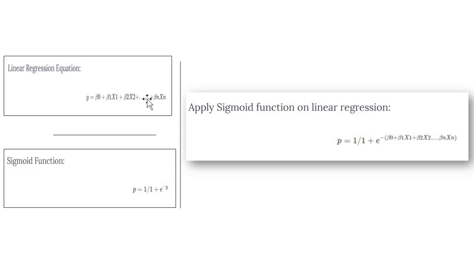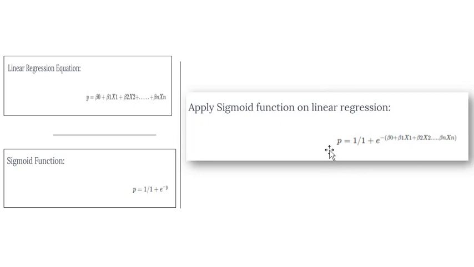I allow the linear regression, y equal to all of this, and I substitute it for the y in e to the power of negative y. So the y is substituted by this whole equation, and as a result you have the following function.